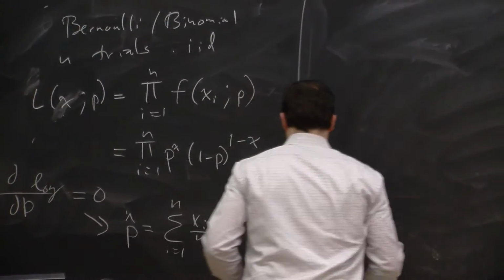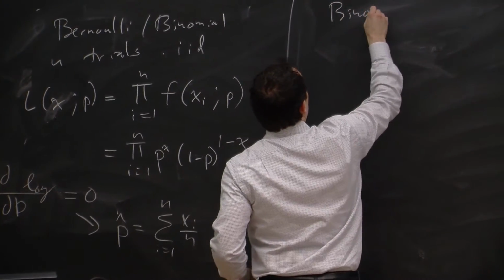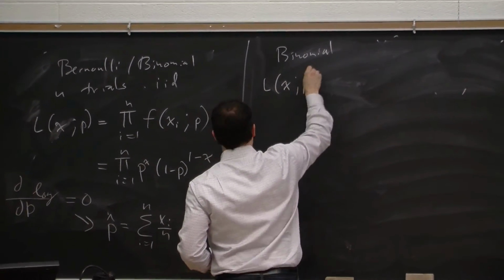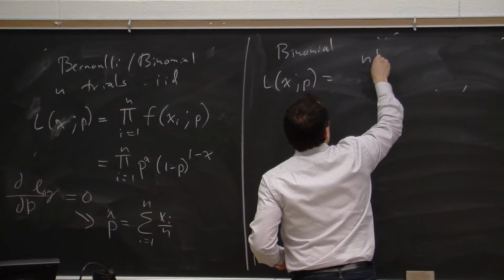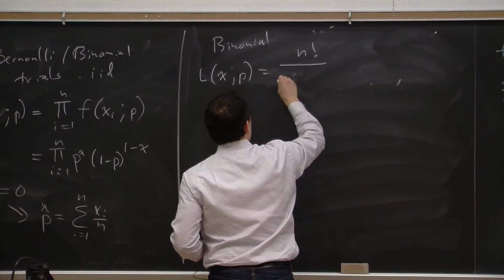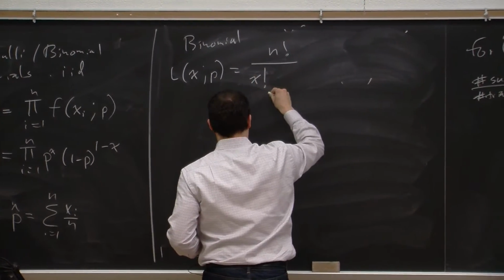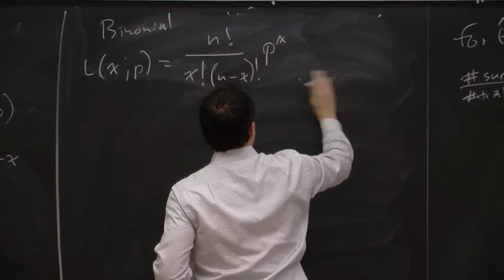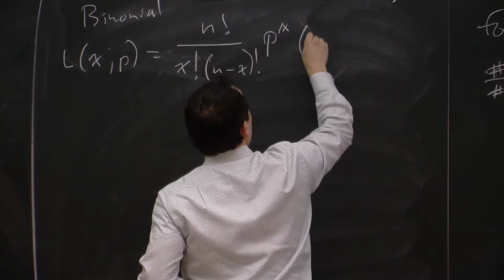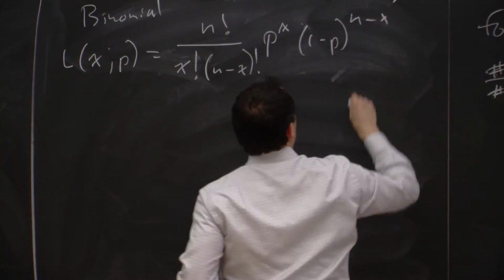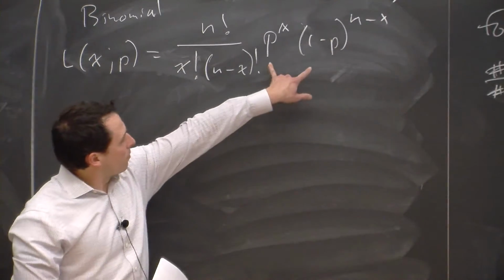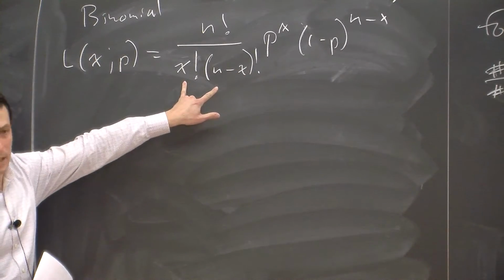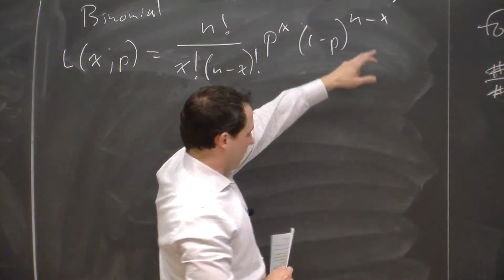Okay, so for binomial, what does that look like? Likelihood, if I include all my factors counting the way things can happen. So this is where the action is, and then this is the coefficient that counts how many times I can get this many successes and this many failures.